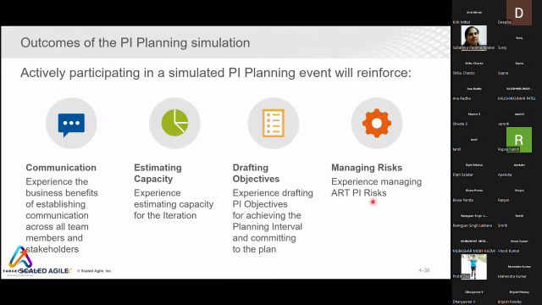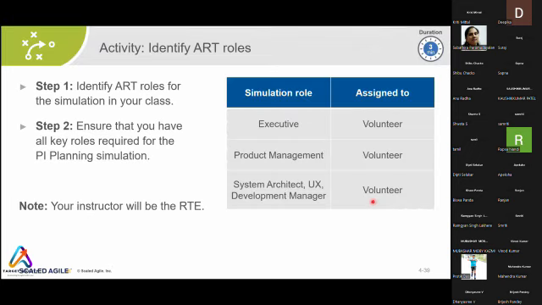Okay, so outcomes of the PI planning: better communication, you're able to estimate the capacity, you're able to draft your PI objectives, and you're able to manage your risks. We'll discuss all these things. We have not yet started the PI planning. This is for the PI planning simulation, which we are not doing here.